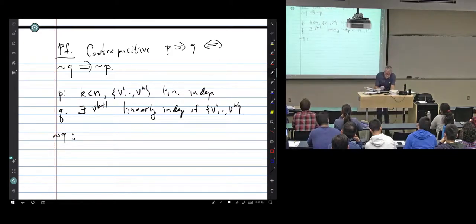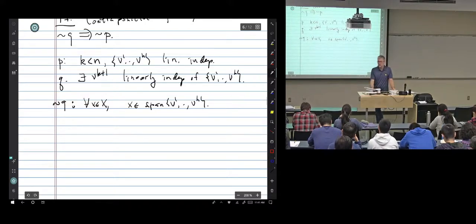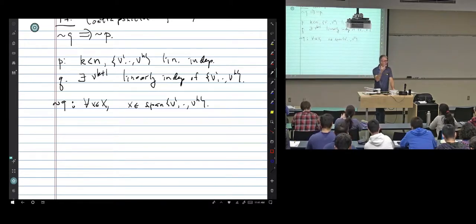Okay, so not Q is: for every x in X, x is an element of the span of v1 to vk. Everybody agree that that's cool? And it's a lot easier than writing down coefficients. Okay, it's a shortcut, the notion of span.